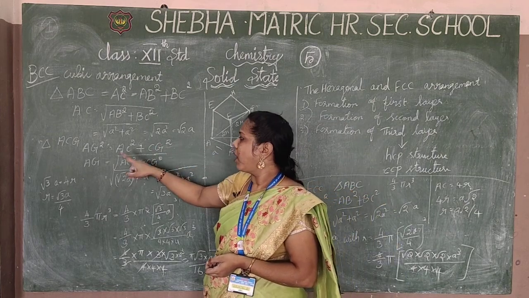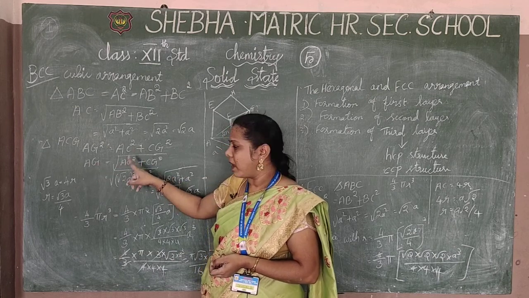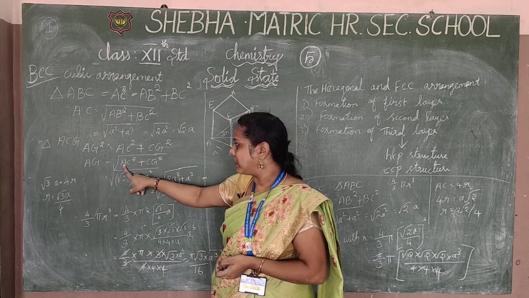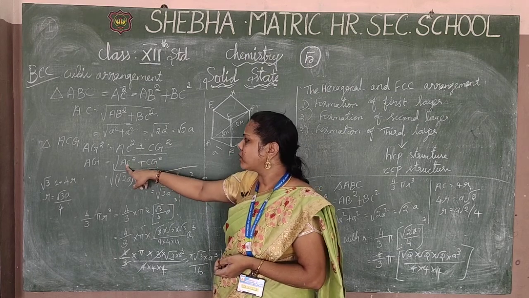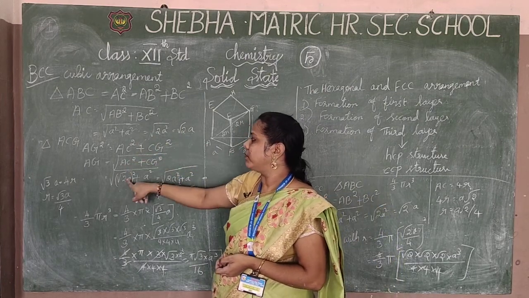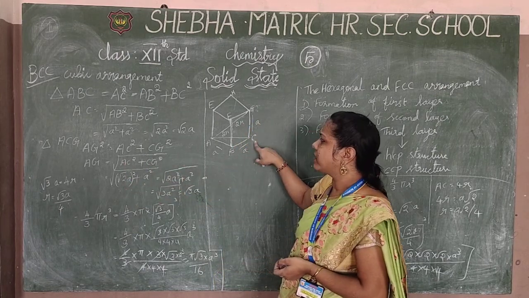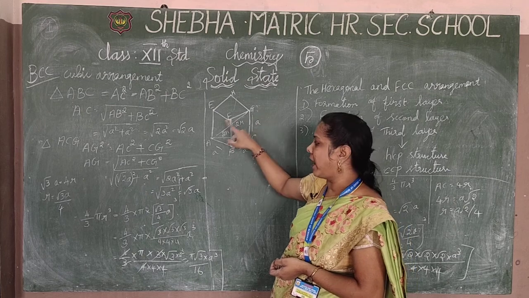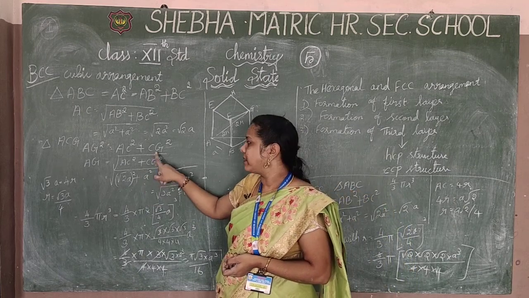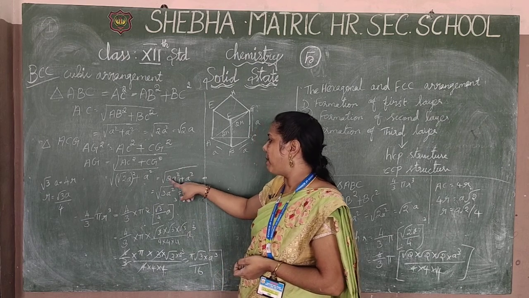Got it? So again we find the AG value from this formula, root of AC square plus CG square. The AC value we already have, root 2 a. So we substitute the value, and then CG means the length is a. So I am going to write a square in the formula. You have to simplify this formula.